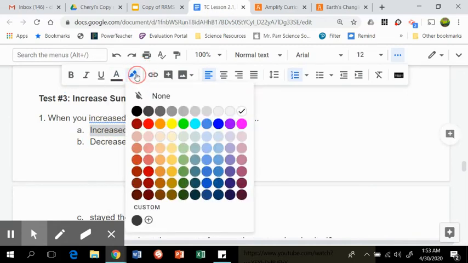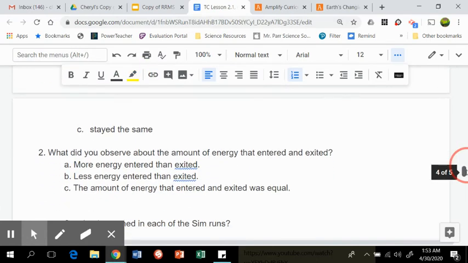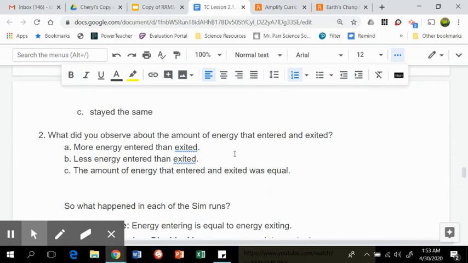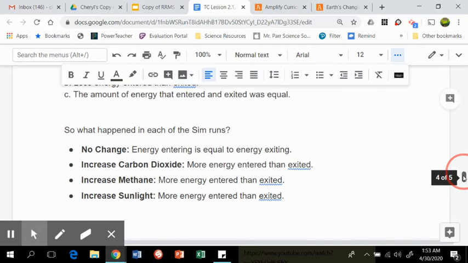What's the wrong one? What did we observe about the amount of energy that entered and exited? More energy entered than exited. So what happened in each of the sim runs?